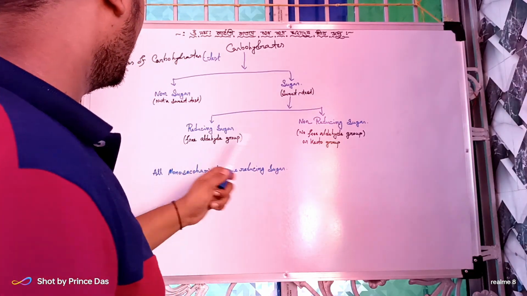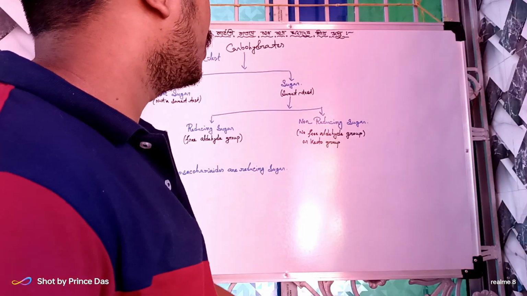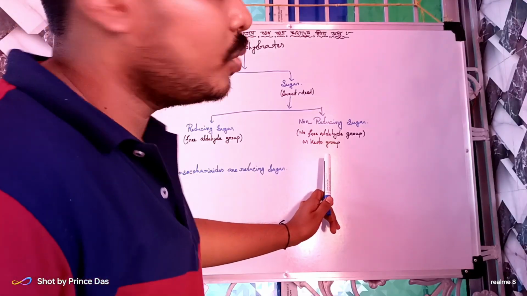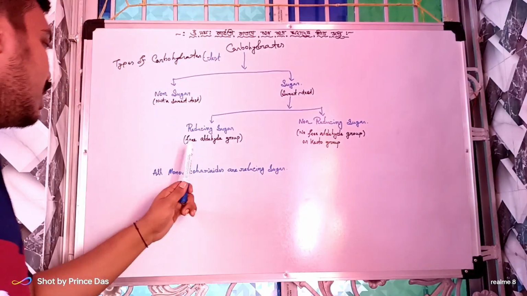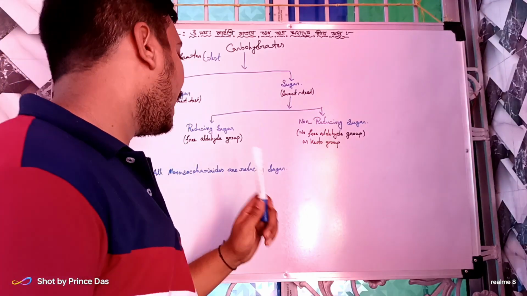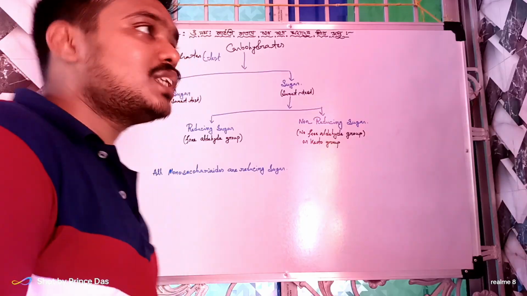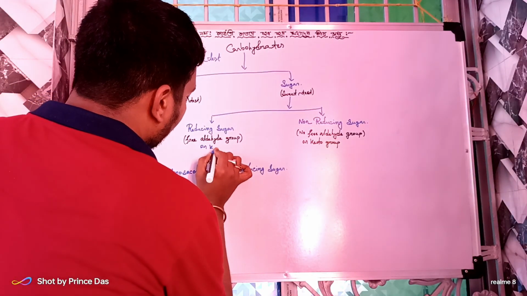Reducing sugar means a free aldehyde or keto group will be there. Non-reducing sugar means no free aldehyde or keto group will be there. All monosaccharides are reducing sugars, like glucose, fructose, galactose, with their aldehyde or keto group.